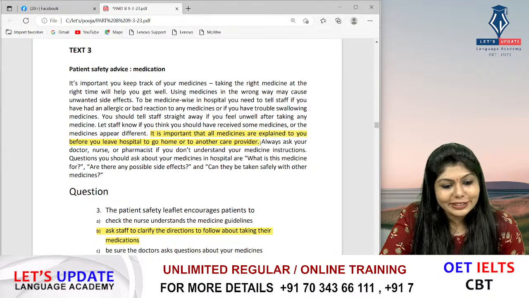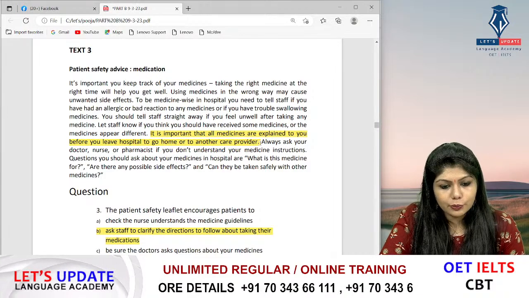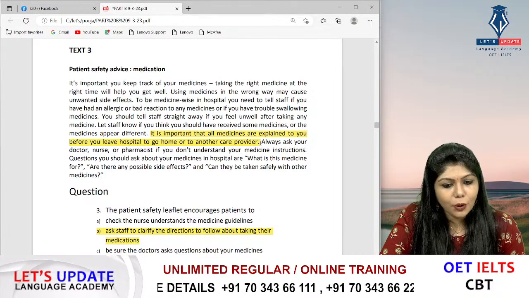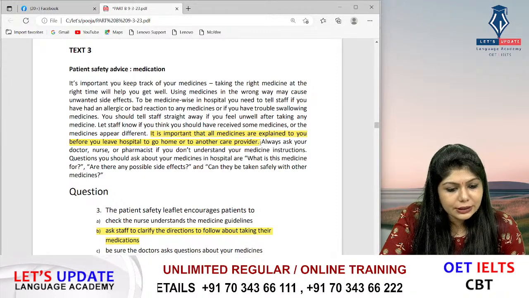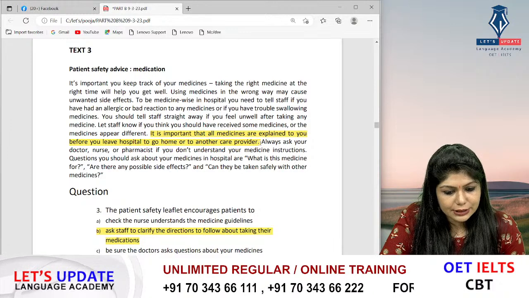So it's important that all medicines are explained to you. And always ask your doctor, nurse, or pharmacist if you don't understand your medicine instruction.